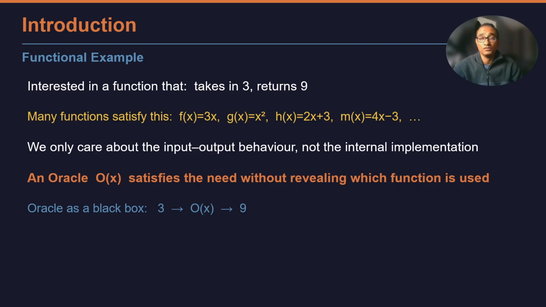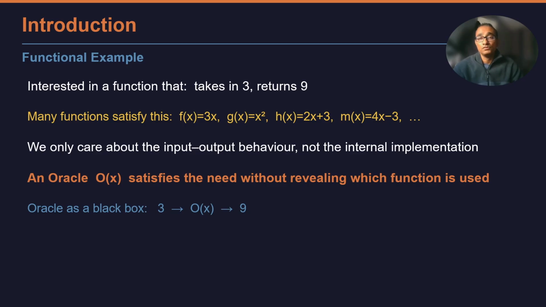So if you square 3, you get 9. It could also be a multiplication function, for example, 3 times 3 is also 9. And it could also be a combination of multiplication plus a summation function, for example, 2x plus 3 would also give you 9. So there are many functions which will give you a particular output from a given input.